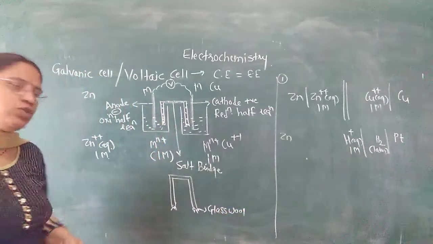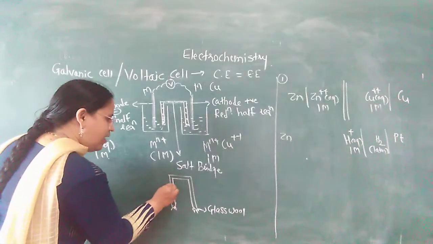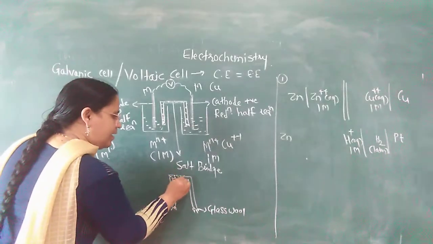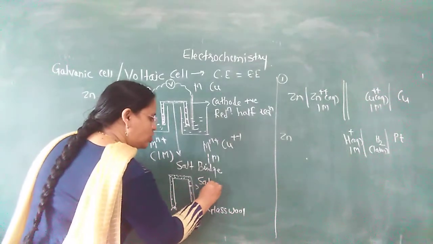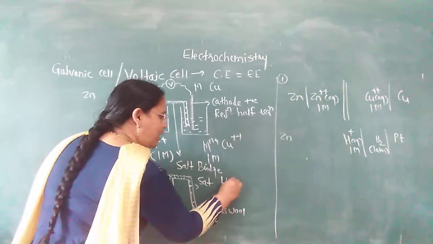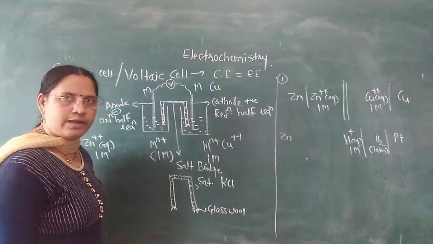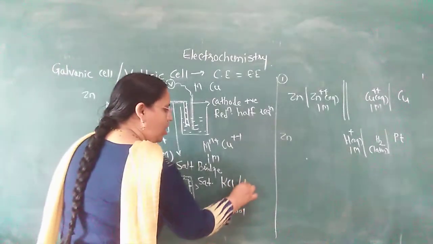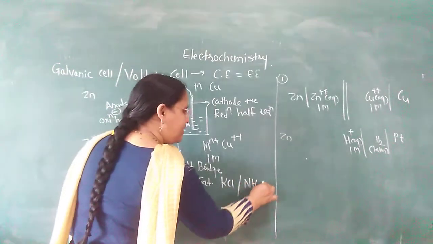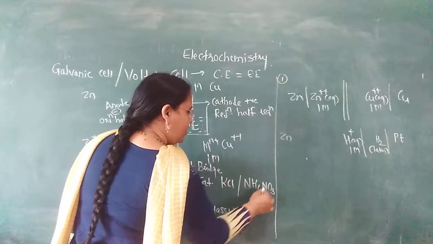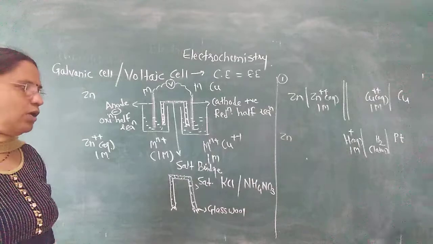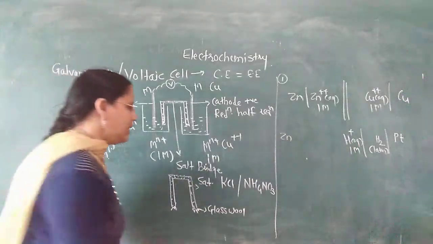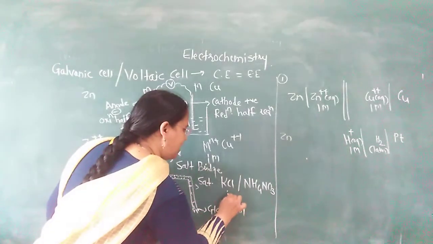This inverted U-shaped glass tube is filled with a saturated solution of KCl, potassium chloride salt, or ammonium nitrate. It is filled with salts like KCl or ammonium nitrate in 5% agar solution.